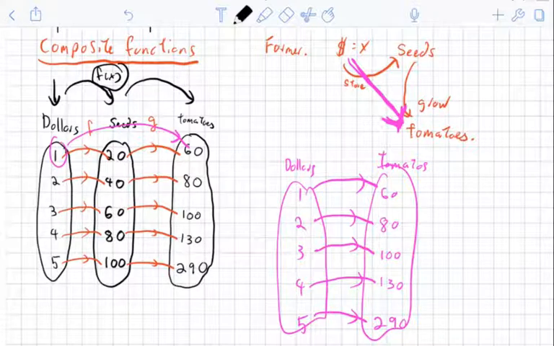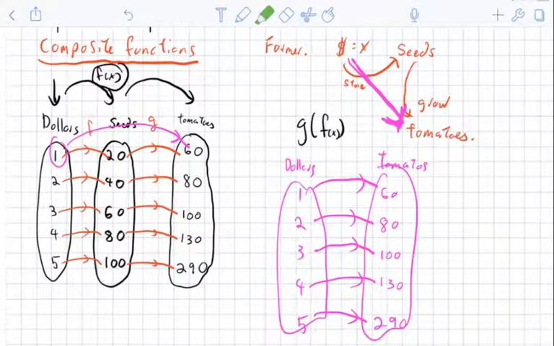So the resulting composite function, we call it g of f, or g of f of x.